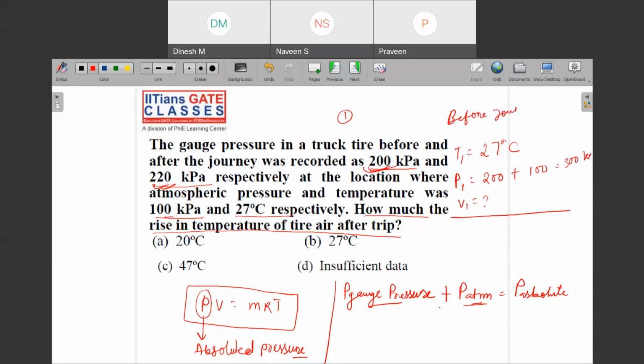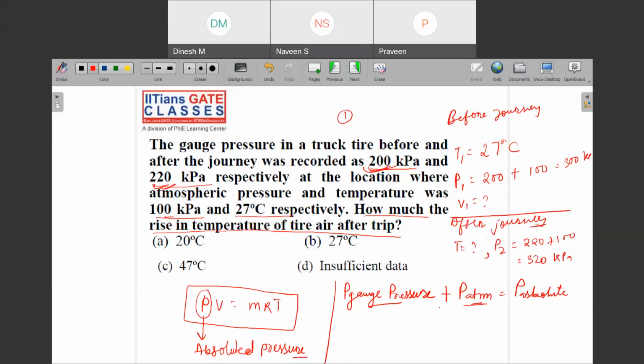And then after the journey. What happens after the journey? The temperature is what they are asking us. The pressure is given to us. What is the absolute pressure now? 220 plus 100, so this becomes 320 kilopascal.